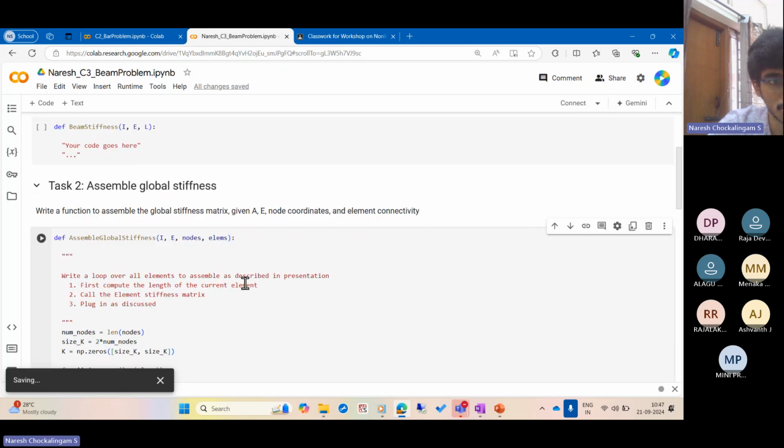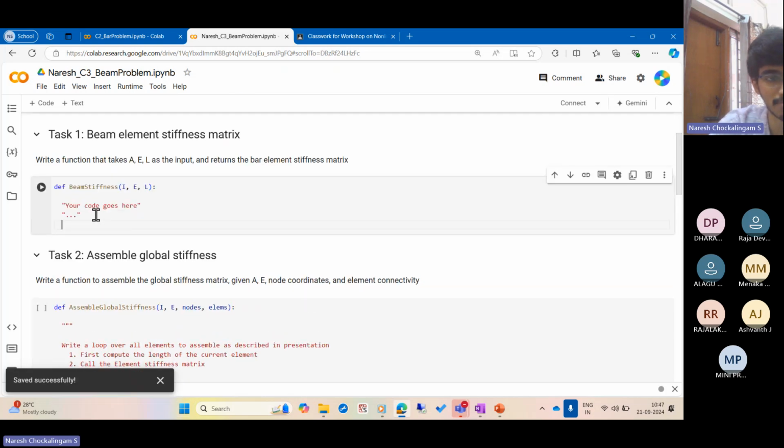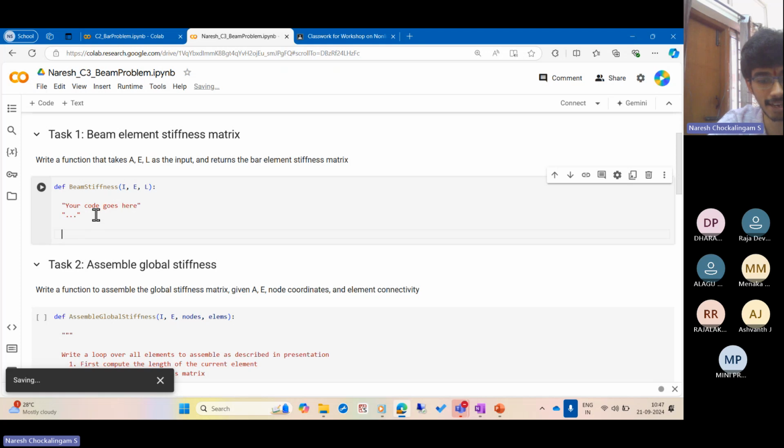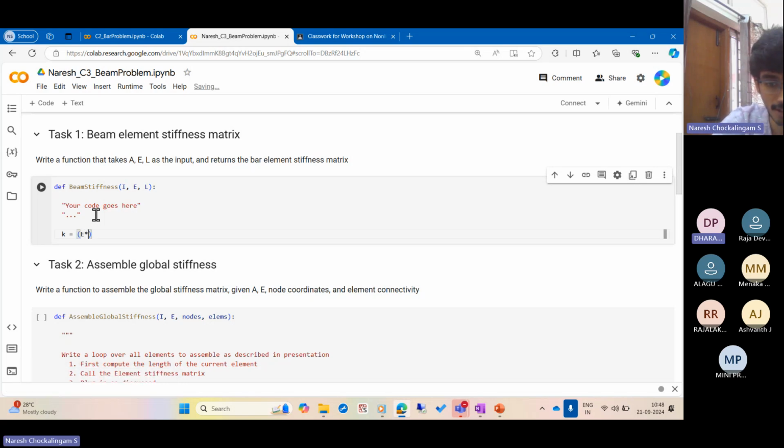Okay, now what should be our beam stiffness matrix? So let us say K is equal to, we know this already, right? You people tell me, what should I write here? What should be the beam element stiffness matrix? EI by L cube, that is E star I divided by L star star 3.